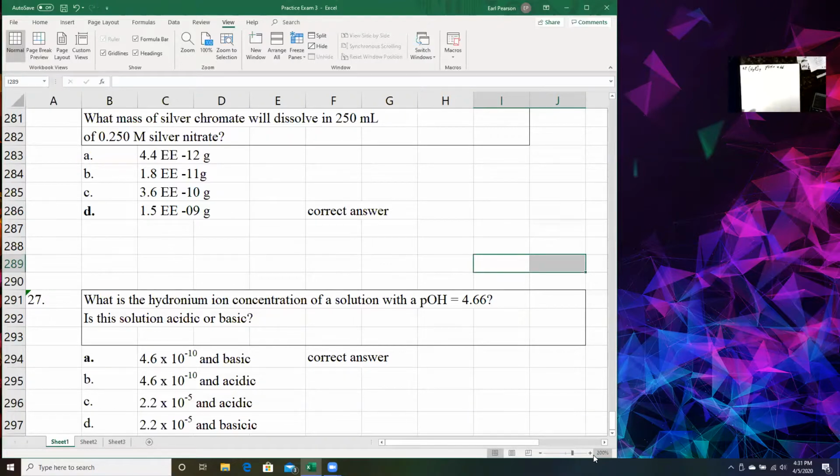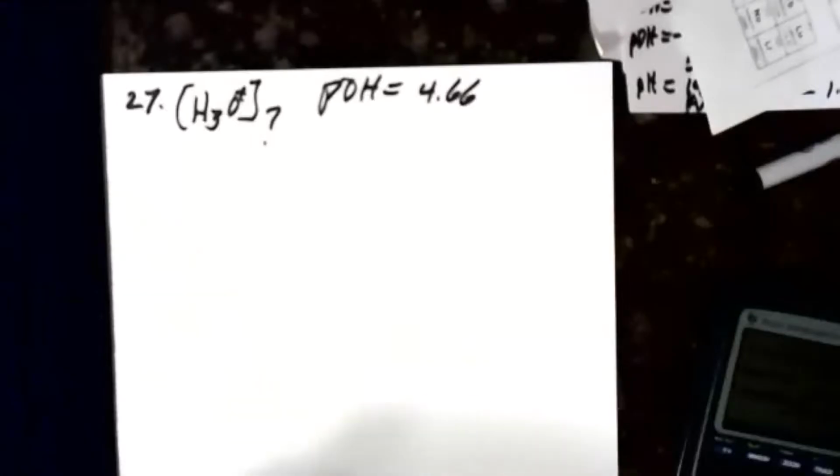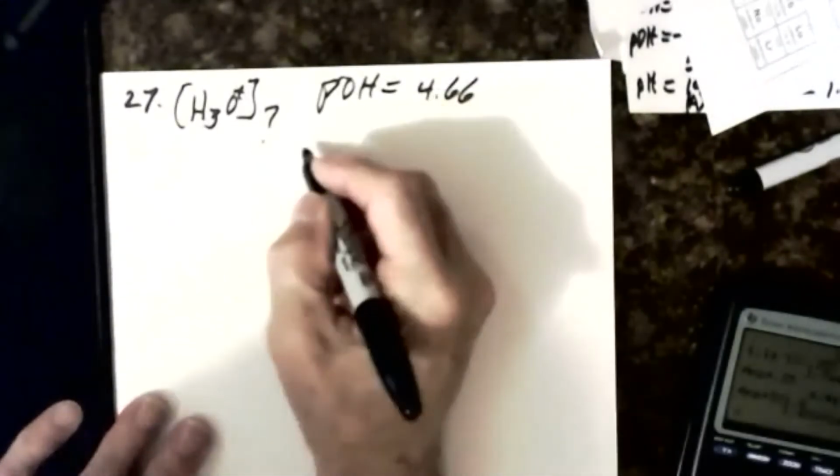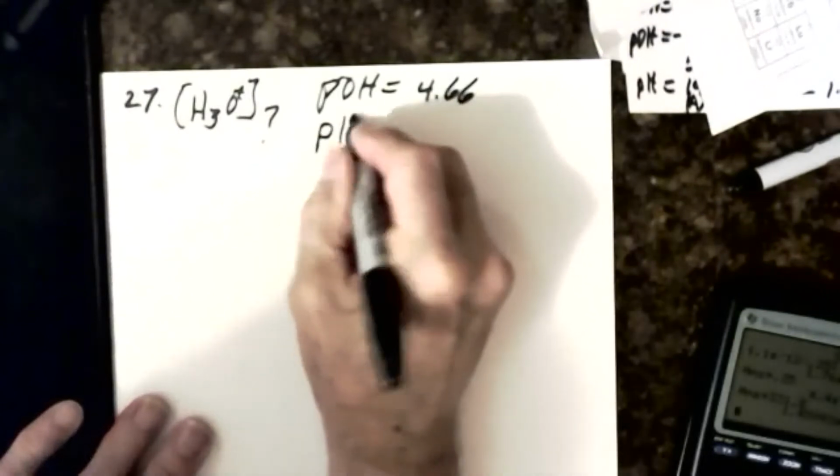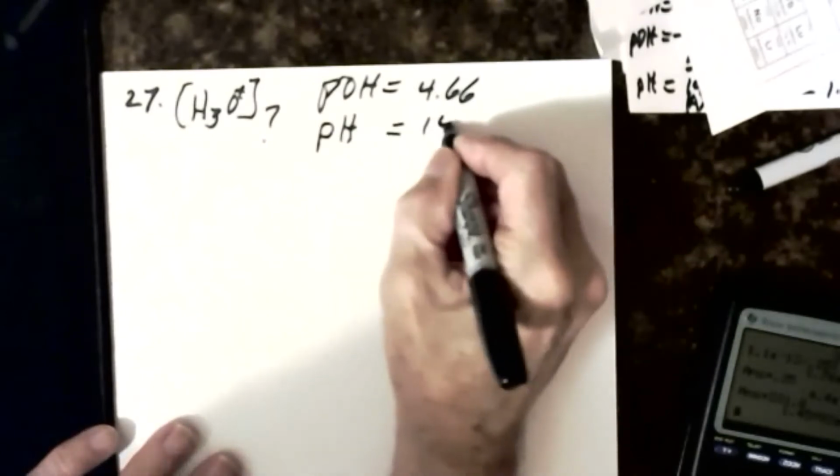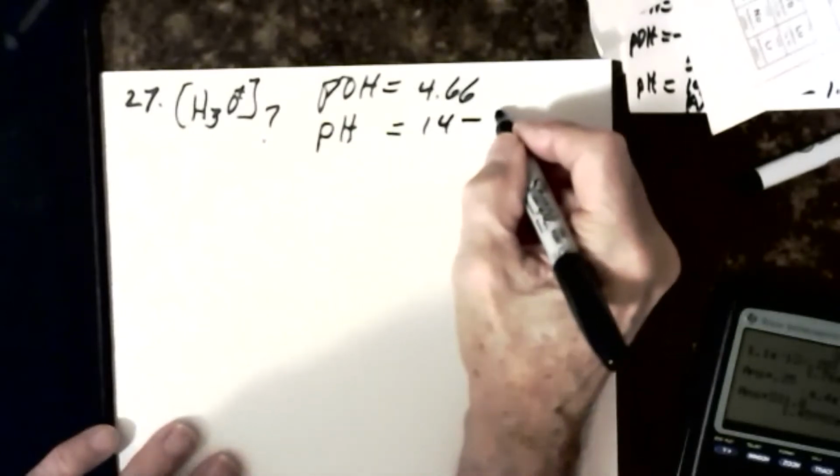Let me get the screen so you can see my pad better. I'm going to get the pH first because it's easier to go from pH to hydrogen ion concentration or hydronium concentration. That's 14 minus pOH.